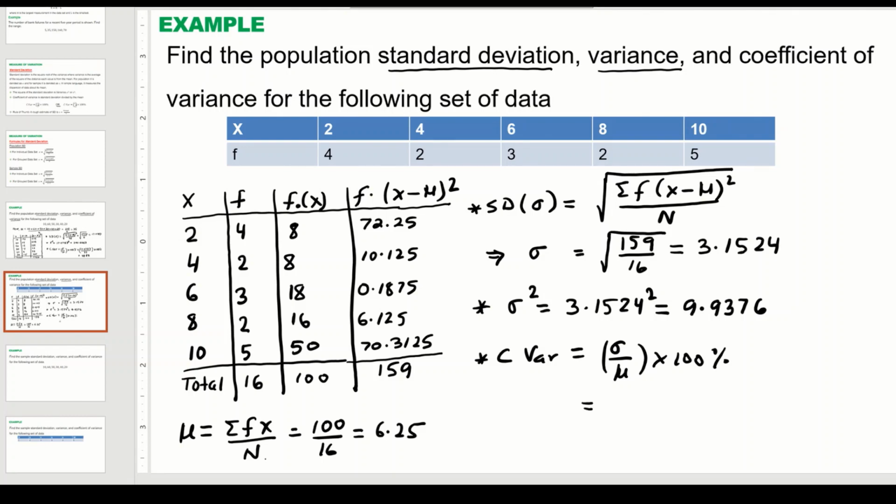The standard deviation, which we obtained up here, is 3.1524, divided by the mean, which we obtained here, 6.25, and we multiply by 100%.